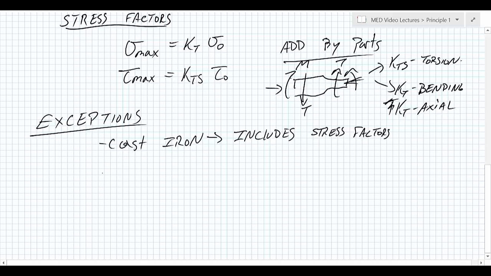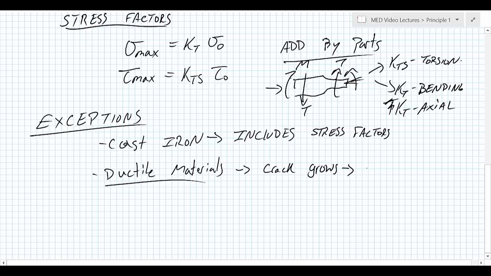Our other major exception is ductile materials. So with ductile materials, if a crack starts to grow, then it leads to relief of local stress. And if we relieve some of that local stress, then it does not yield.